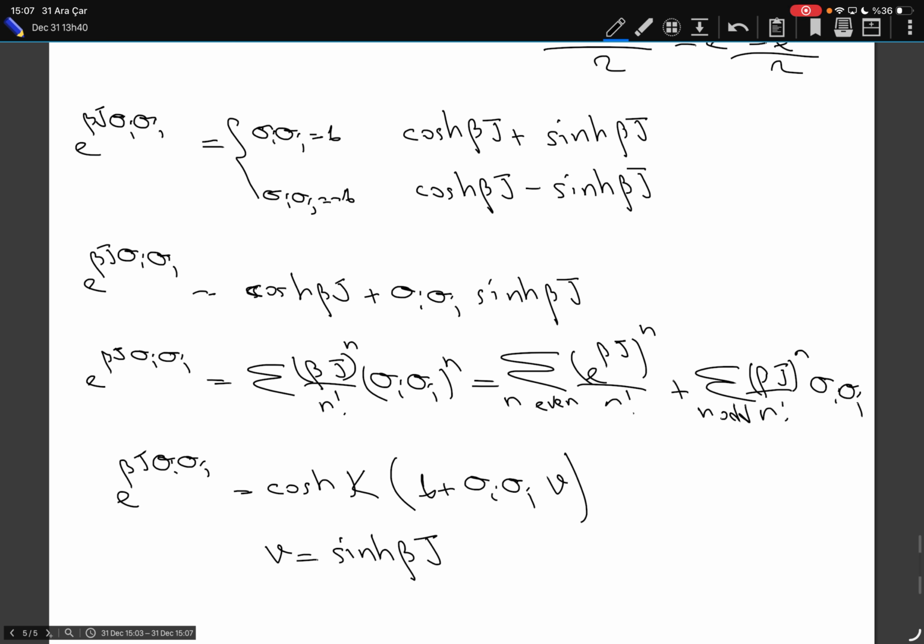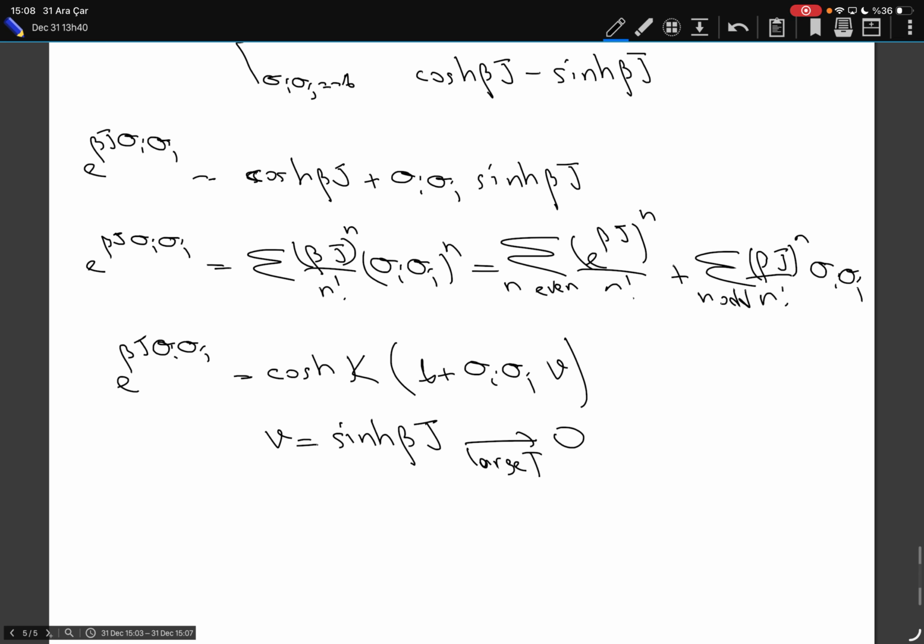I just rewrote my partition function, that's it. There is no approximation, but this goes to 0 at large T. In large temperature, beta is very small, beta j is very small, so this sinh beta j is very small. So I have a small parameter at large temperature.